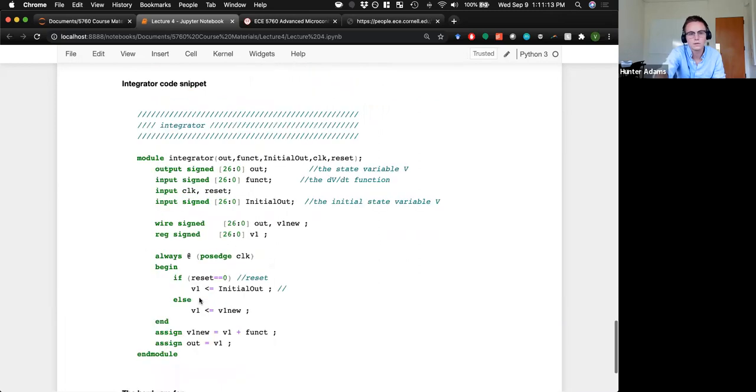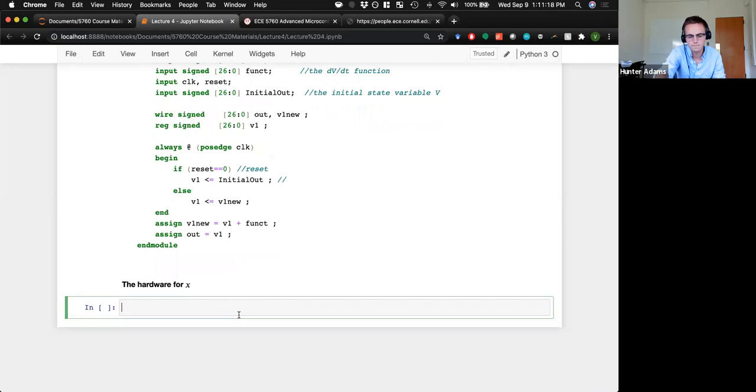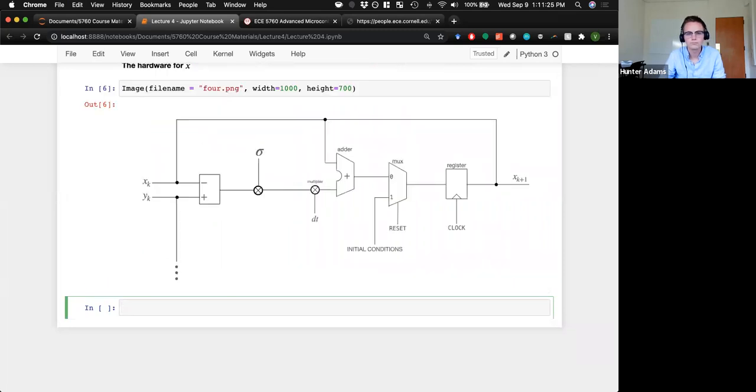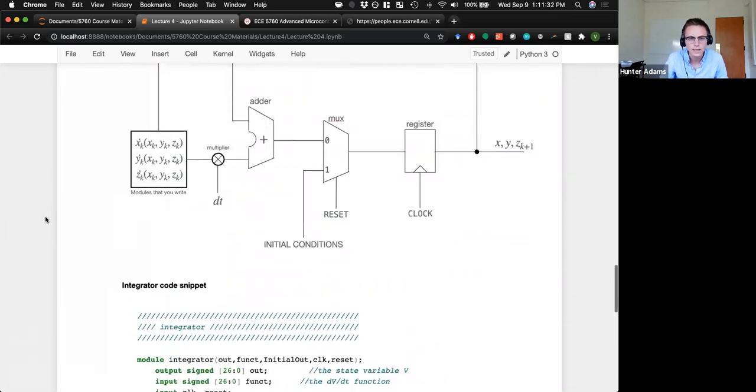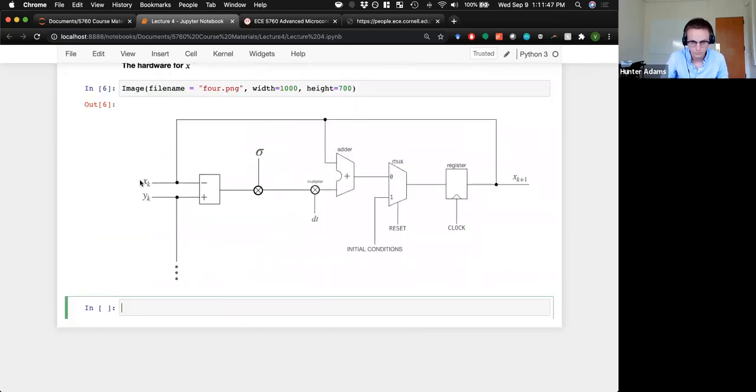So that's going to look like this, where in the previous picture that I showed, I said that we had some module here that was constantly calculating the derivatives x dot, y dot, and z dot. All I'm doing now is adding some details for the x dot calculation so that we can see what that looks like.